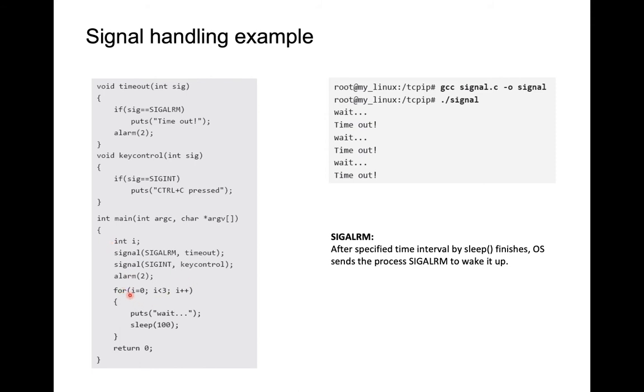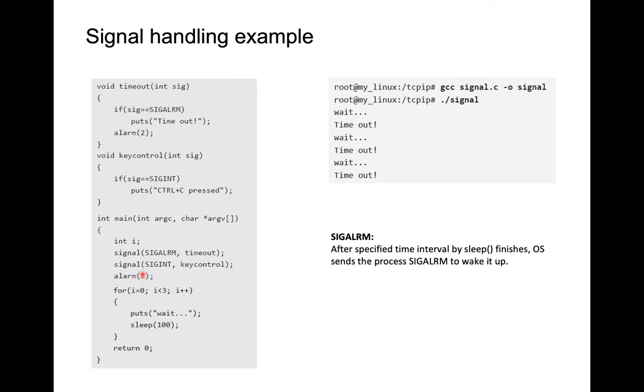We have a loop starting from i equals 0, i less than or equal to 3, and i plus plus, and then it will wait for 100 seconds. Although the first iteration is to wait for 100 seconds, it will not wait that long because the alarm wakes it up every 2 seconds.